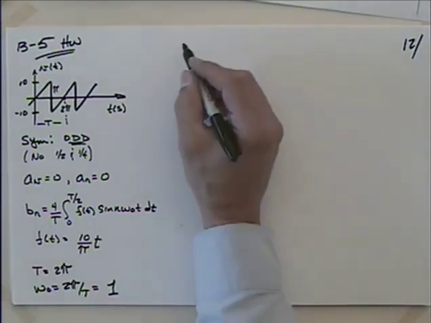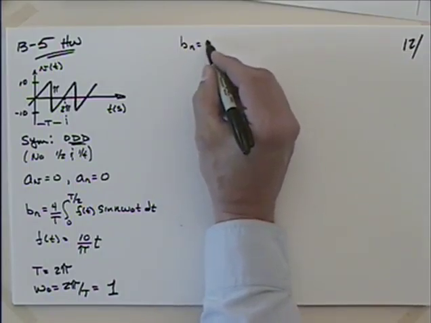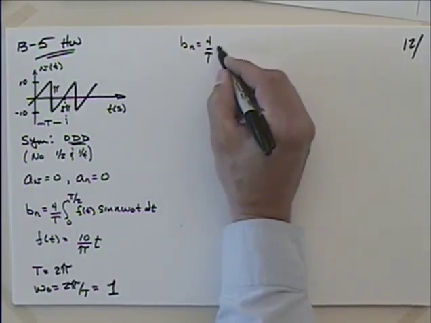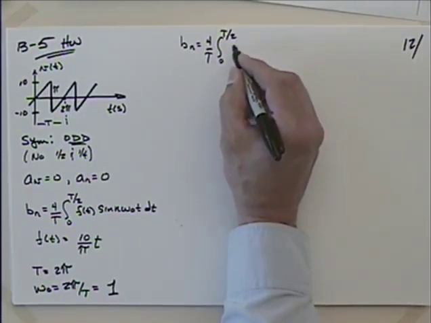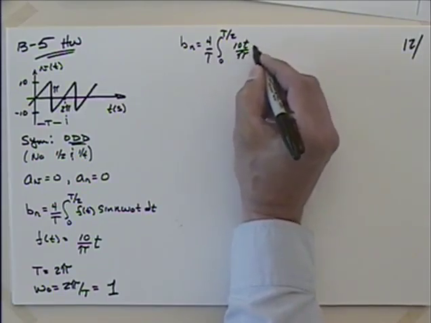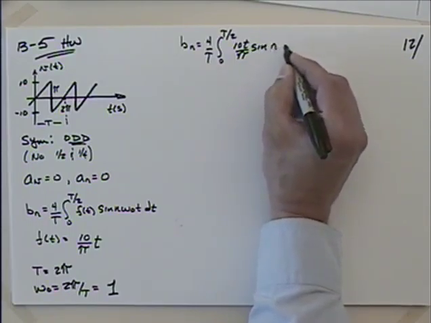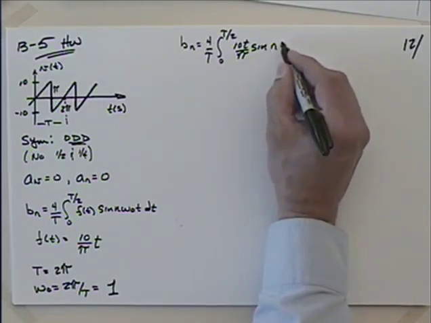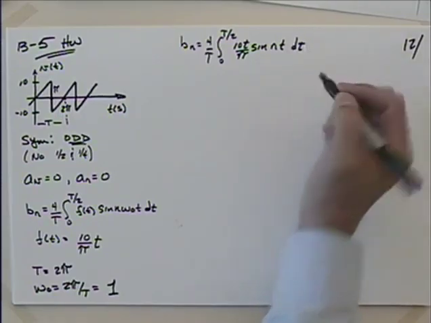So if I put this in here, I can say that b sub n is equal to 4 over T times the integral from 0 to T over 2 of the function, which will be 10t over pi, times the sine of n omega naught t, that's just 1. So I've got n times t, dt, right?